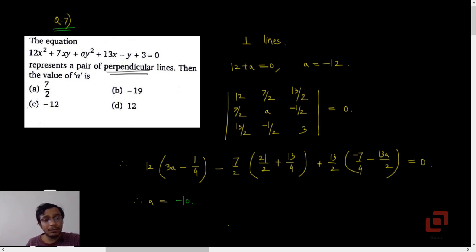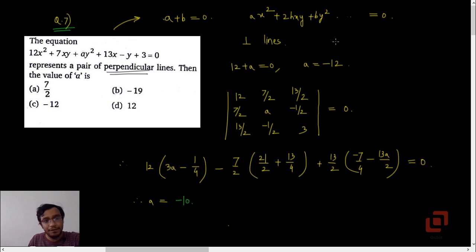Now you know this, that if the lines are perpendicular to each other, no matter whether they pass through the origin or they do not pass, their general equation, or the homogeneous equation, will always have this condition, a plus b equal to 0, where a is the coefficient of x squared and b is the coefficient of y squared, isn't it?